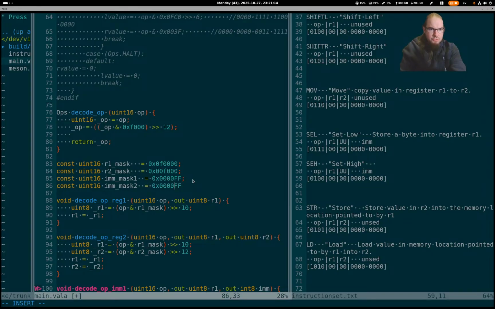I think that's incorrect for some reason. That looks wrong. 1, 2.